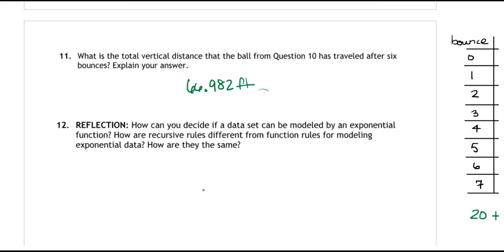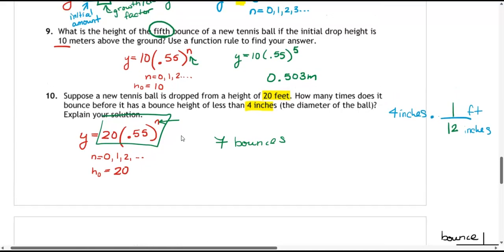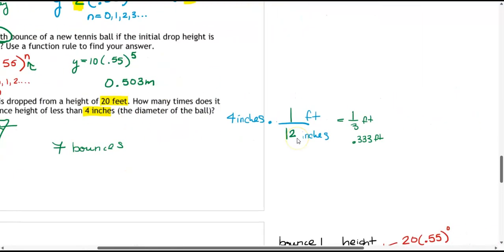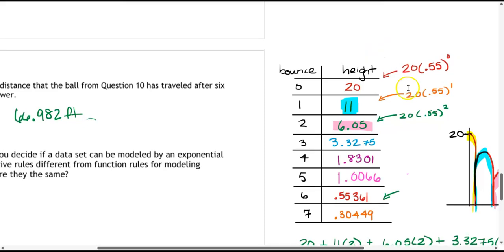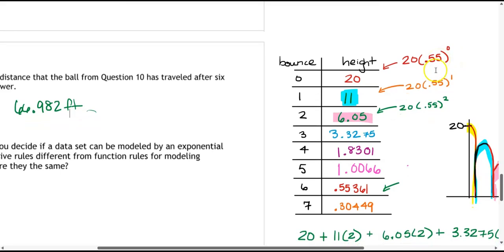A function rule is where I can just plug in some value and get an output number. And so that's exactly what I did here with each one of these. Even right here, I used the function rule 20 times 0.55 to the n power. That was my function rule. And all I did was plug in numbers and get these outputs.